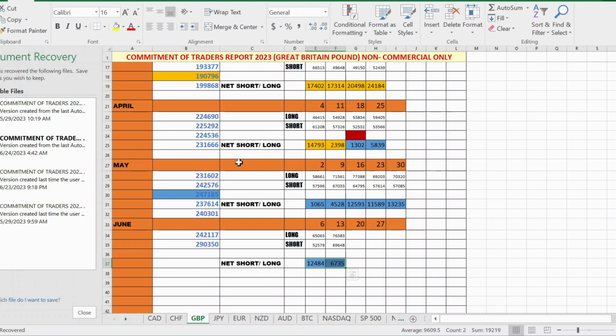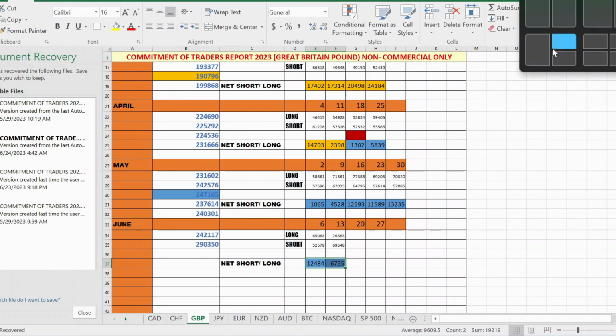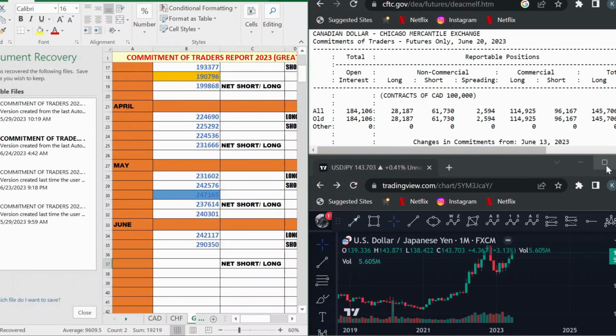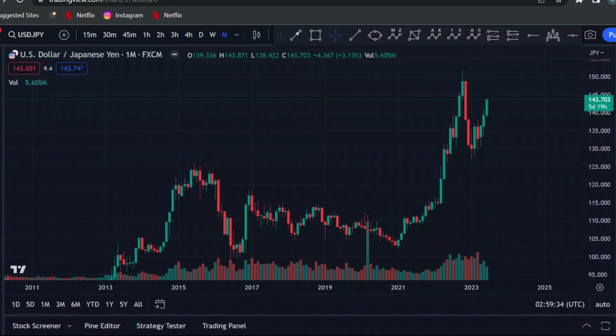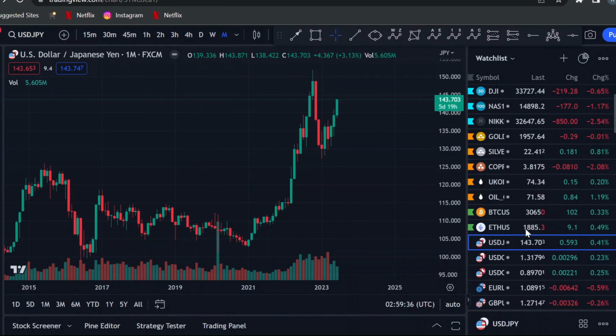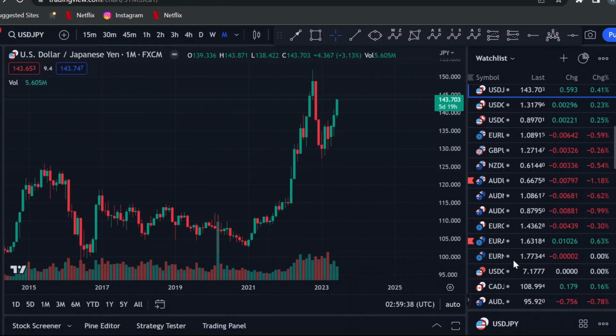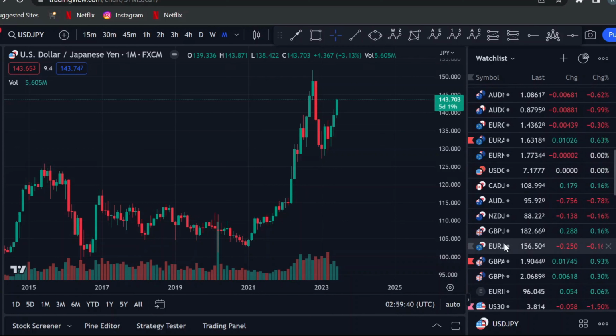Look at something like pound yen. You can see the monthly candle is more than 1,000 pips.